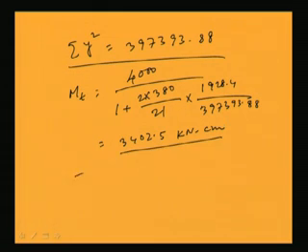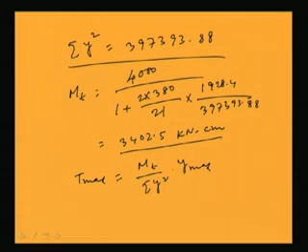Now, what will be the maximum tensile force at the extreme rivet? That will be MT by summation y square into y max, as per the formula we have seen. So, if I put those values, 3402.5 into, okay, in the next page I am just doing.